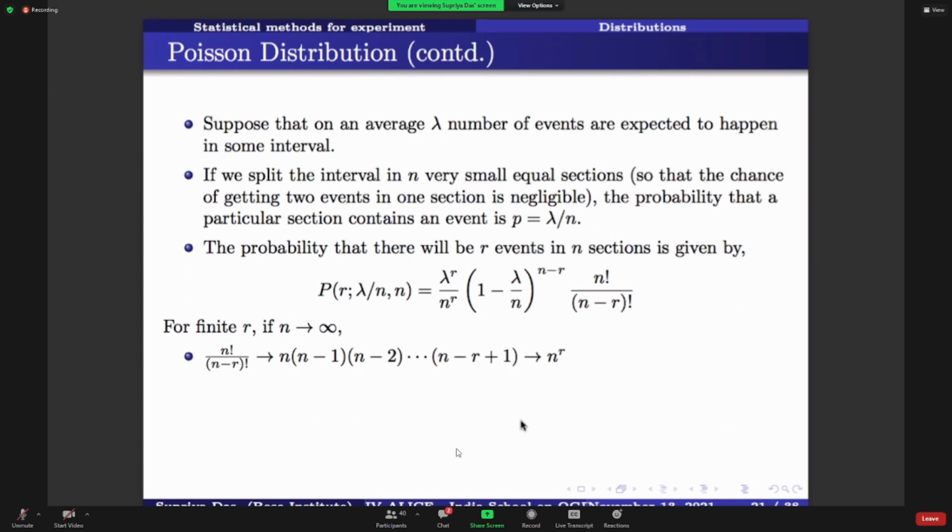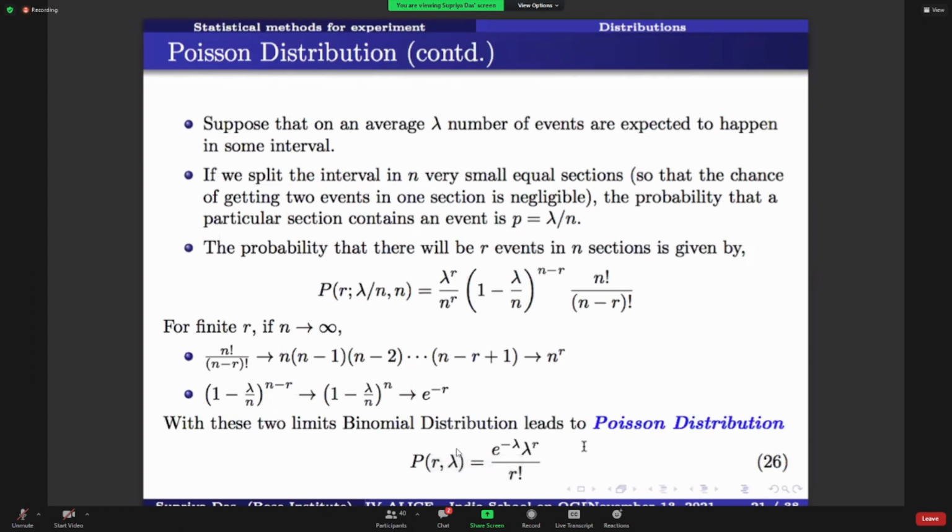You have done this, I guess, when you did your permutation combination course in class 12. And the second factor, 1 minus lambda over n to the power n minus r, goes to 1 minus lambda over n to the power n, which is like this.